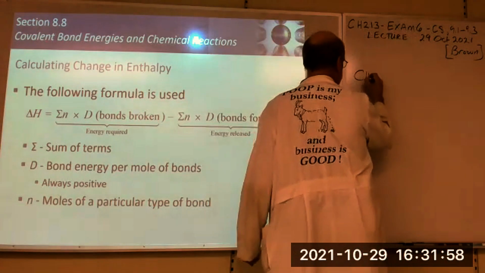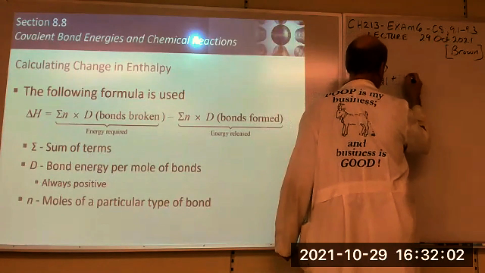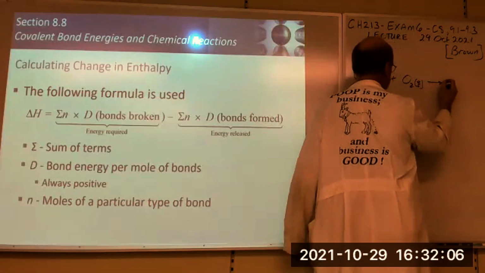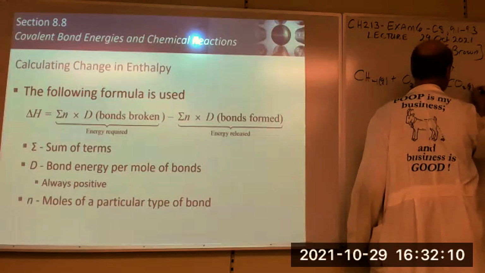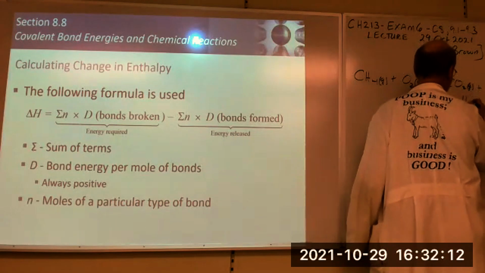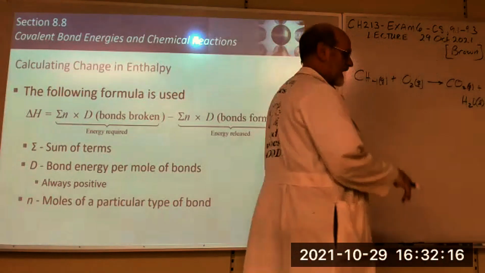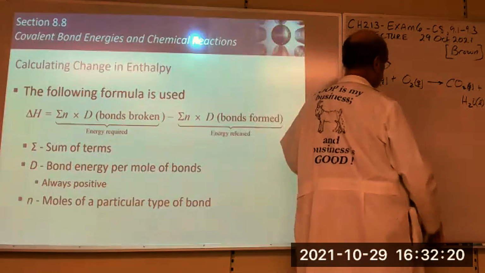Say methane gas and oxygen gas yields carbon dioxide gas and water liquid under standard conditions, standard temperature and pressure. We just need to balance it.